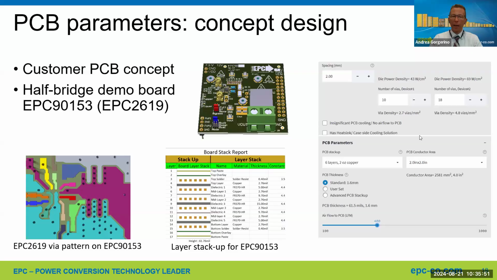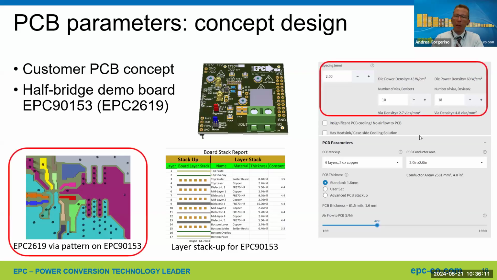Usually at this stage of the design, you might not be there. You're really doing the first step of device selection. But what you can do, again, is use the parameters from our half-bridge demo board, which has all this information. It's a real design. It's implemented. You know, it's easy to copy, by the way. We recommend that you copy it. You can use those to start with.